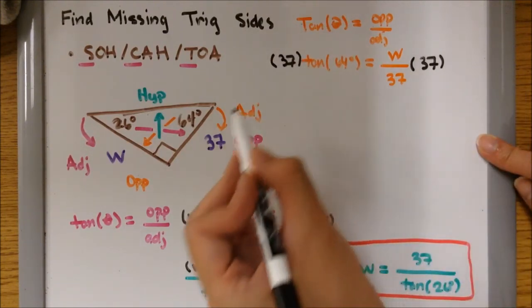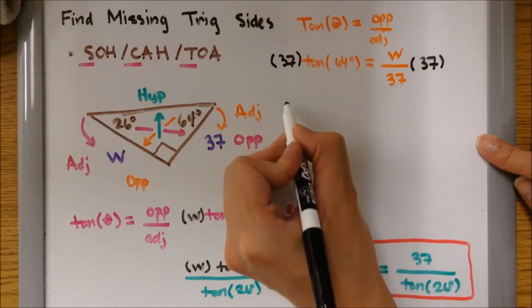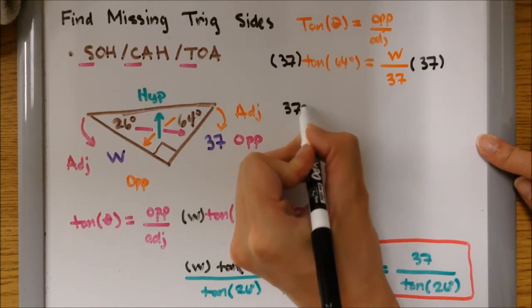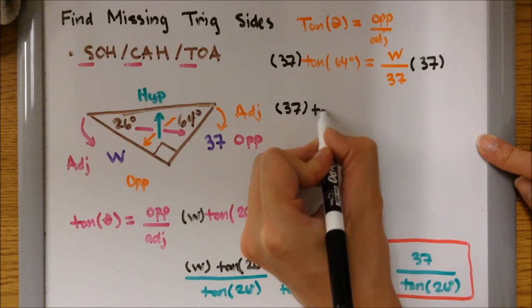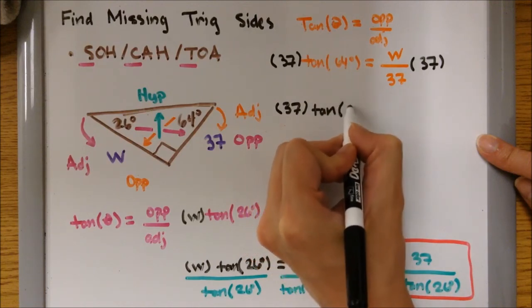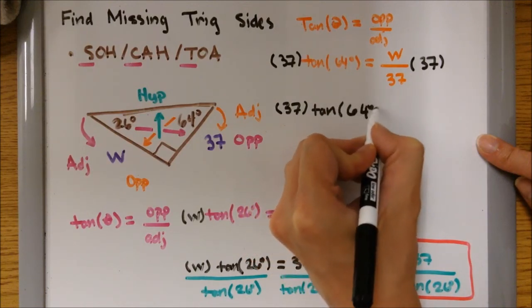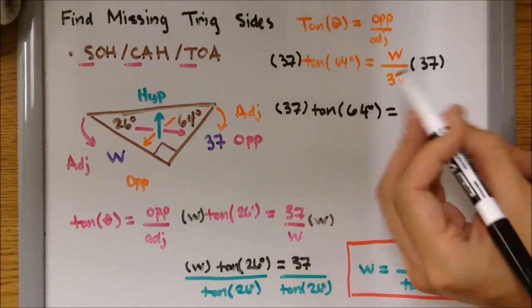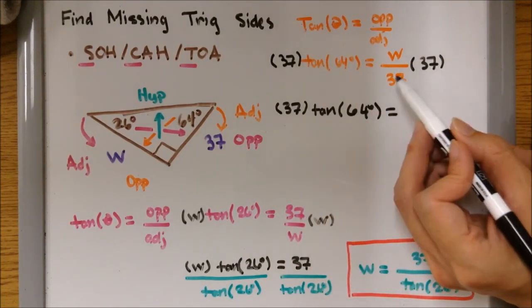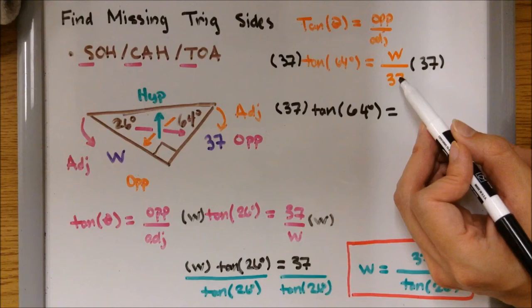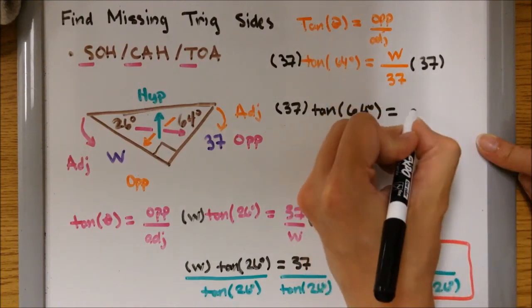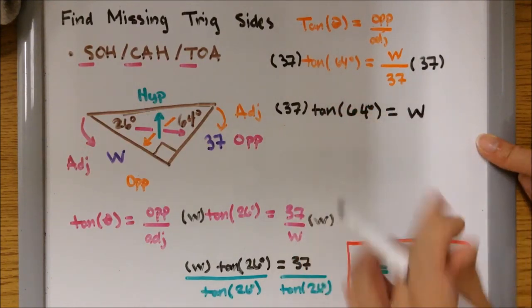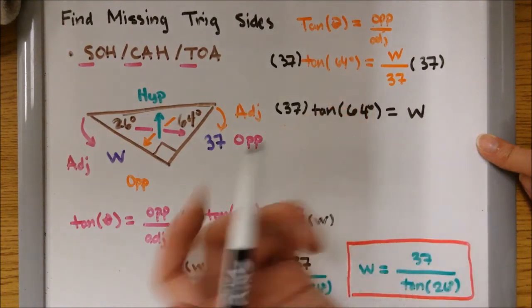On the left side, it will be just 37 tangent of 64 degrees equal to, on the right side, 37 divided by 37 is 1. 1 times W is just W. Since I get W by itself, I'm going to flip.